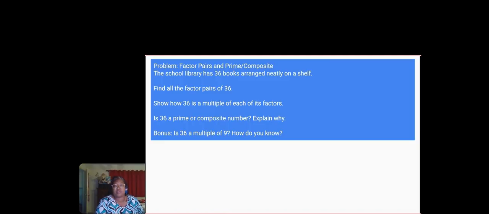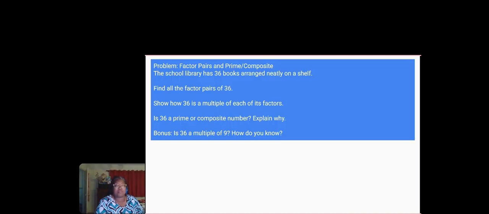The school library has 36 books arranged neatly on a shelf. First, we need to find all the factor pairs of 36. Then we need to show how 36 is a multiple of each of its factors. Then we need to figure out if 36 is prime or composite and explain how we know.